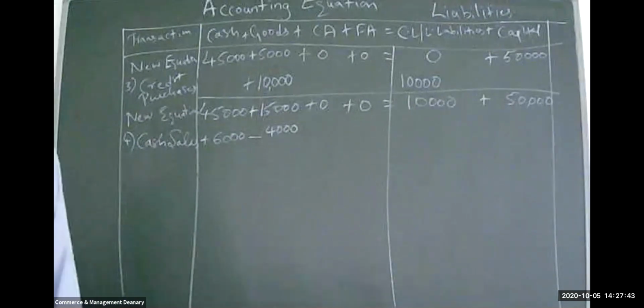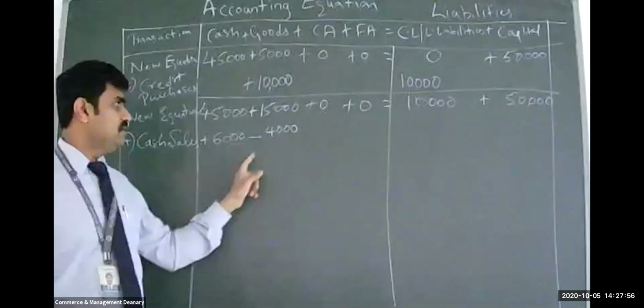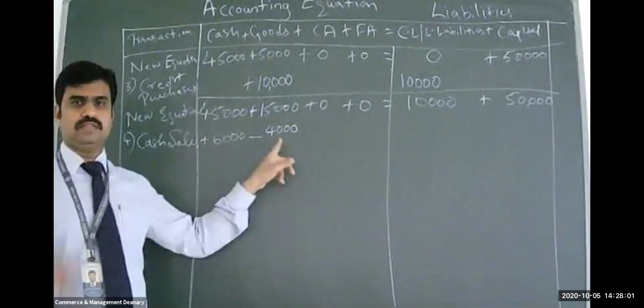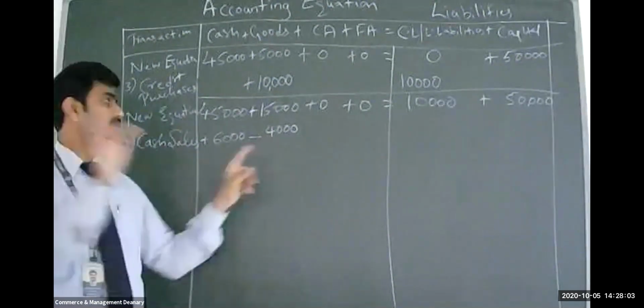How much is the difference? 2,000. So what can I write now? Add to capital. 2,000 is a profit. The selling price is 6,000, the cost price is only 4,000, but I'm selling for 6,000.